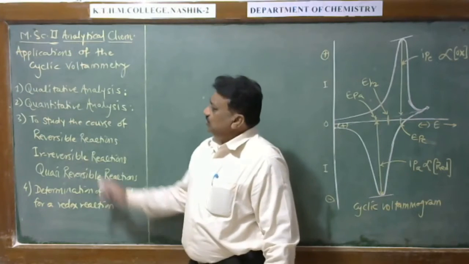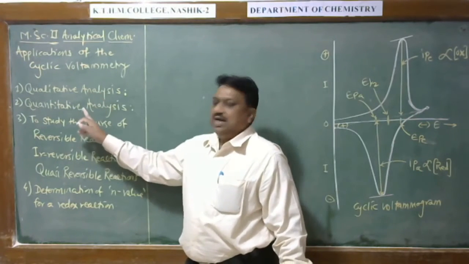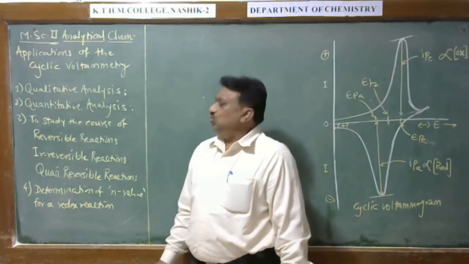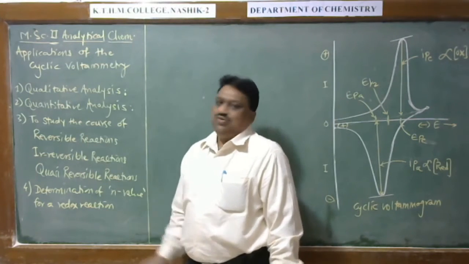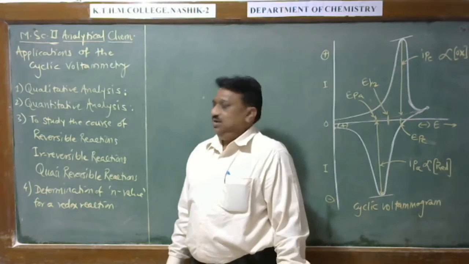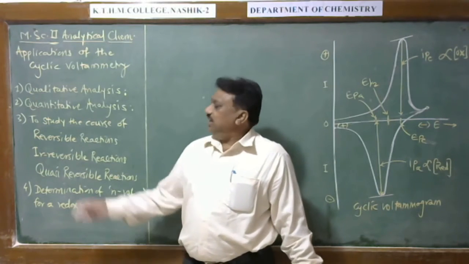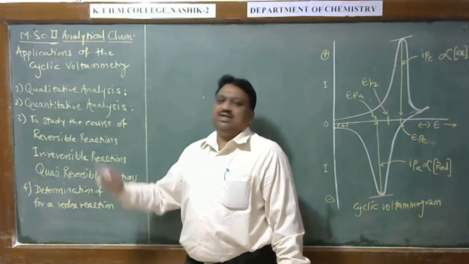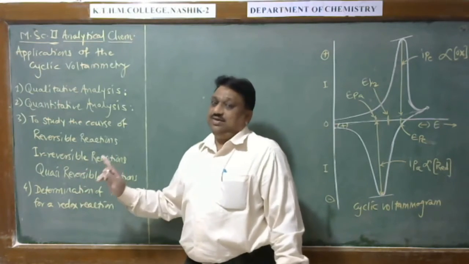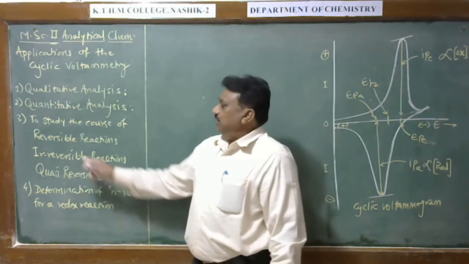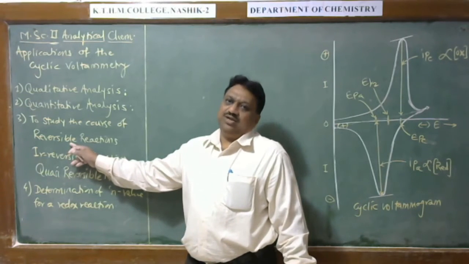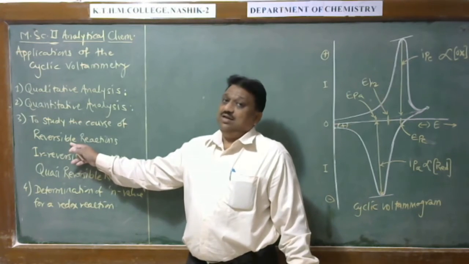Students, in addition to qualitative analysis and quantitative analysis, cyclic voltammetry is an important tool for identification of a redox reaction. By cyclic voltammetry, we can study the course of reversible reaction, irreversible reaction, and quasi-reversible reaction. Reversible reaction means the analyte is converted into product and product is converted back into the original analyte.